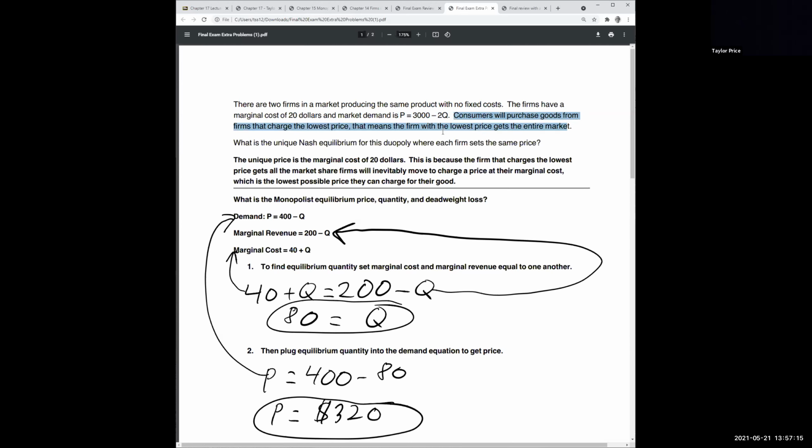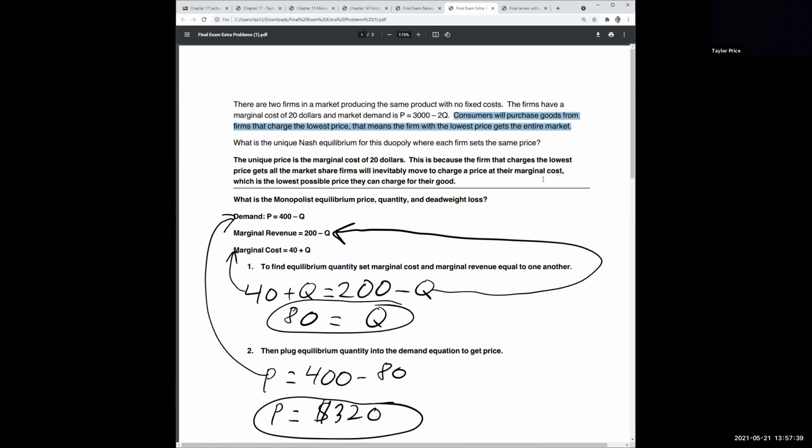Consumers will purchase goods from the firm that charges the lowest price. That means the firm with the lowest price gets the entire market. The question wants you to answer: what is the unique Nash equilibrium for this duopoly where each firm sets the same price?